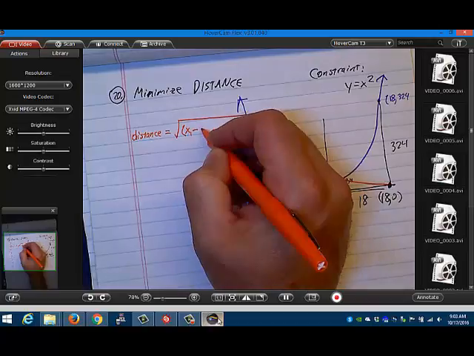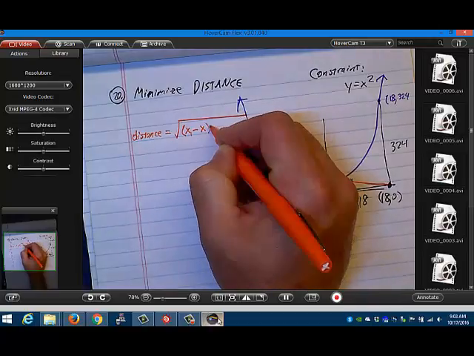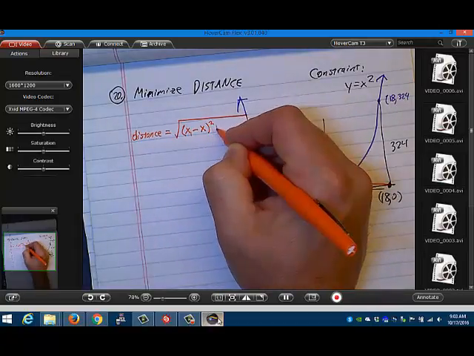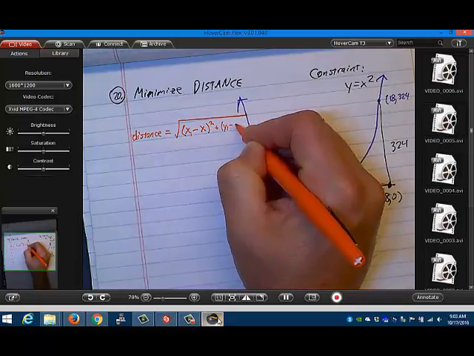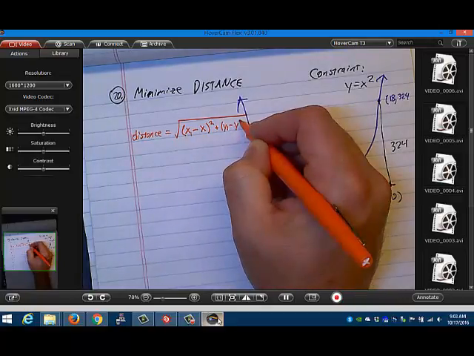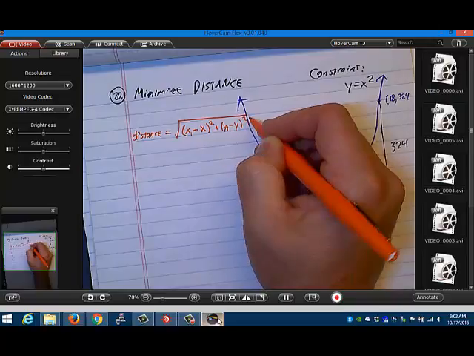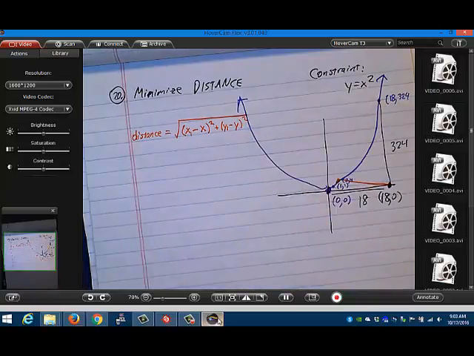There you go, okay? I'm going to say x instead of x2, and I'm going to say y1 minus y instead of y2. The reason I'm going to do that is because I actually know what x1 and y1 are going to be. See if this makes sense to you guys.